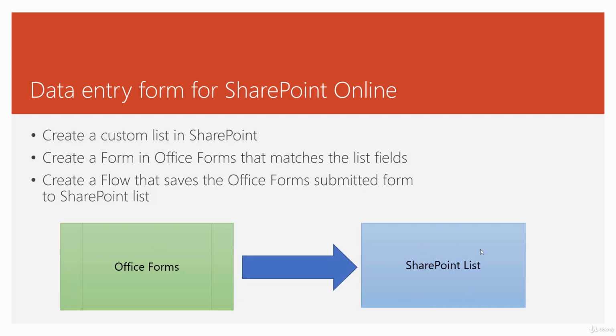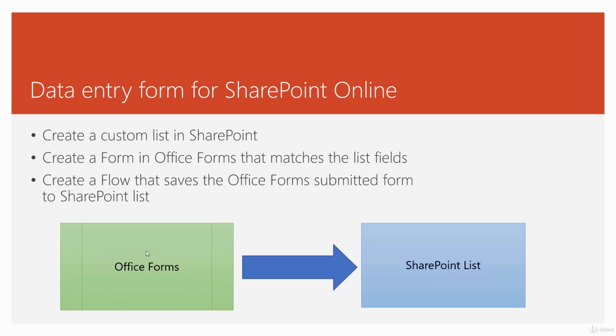And now you may think, okay, what's the point? I mean, people can go directly to SharePoint and submit their records. Yes and no. The trick is that SharePoint Online does not allow anonymous users. So we want people to submit records to this list without really having an AD account or without really logging into anything.